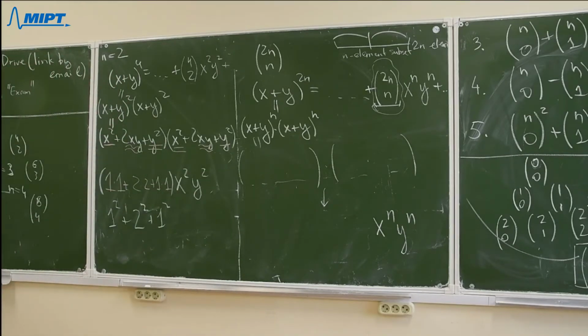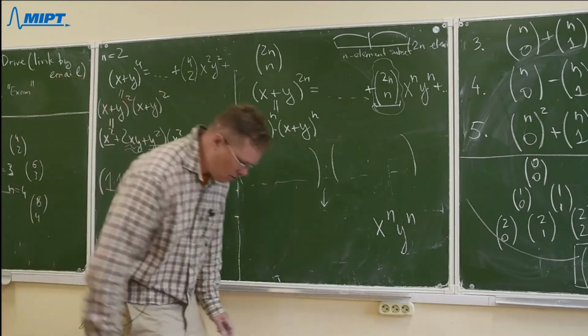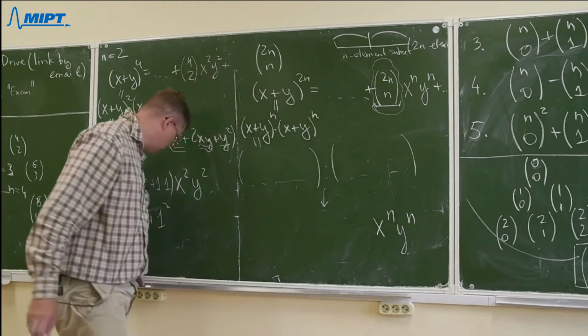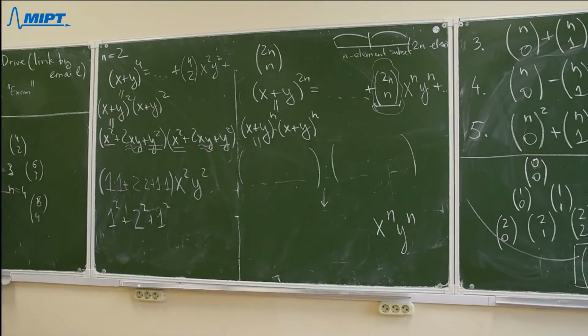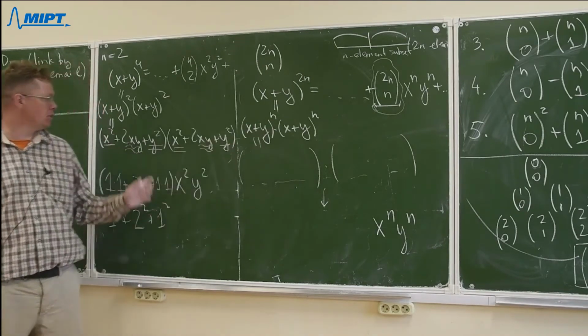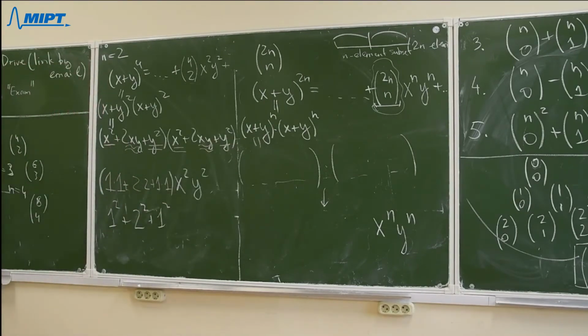And so if we can do this, then we can prove this formula, this identity, at the root. So all we need to do is just to try to make the same calculations, but for n instead of 2.